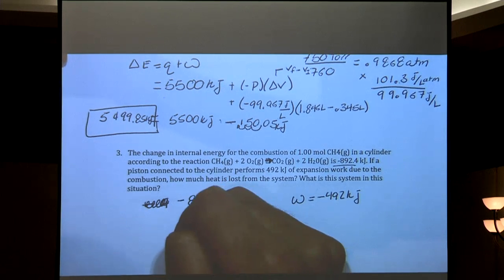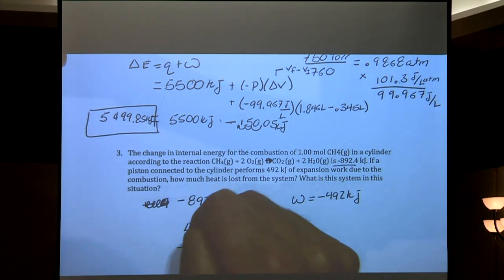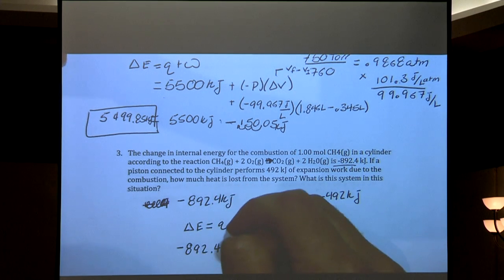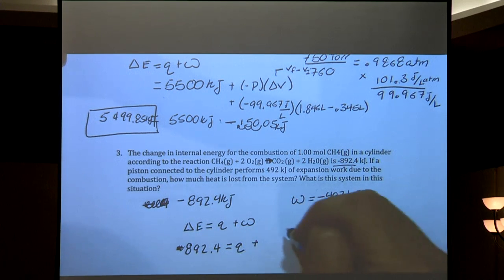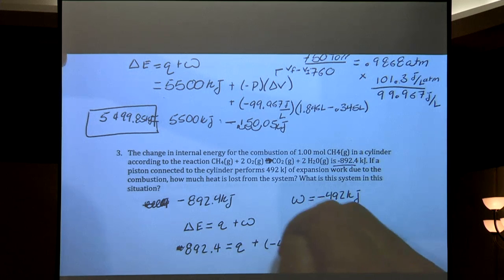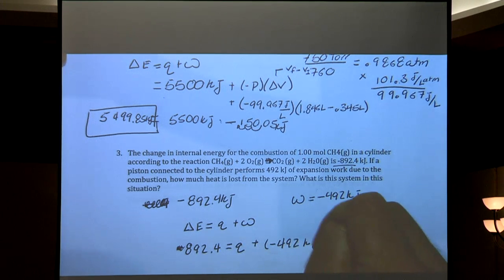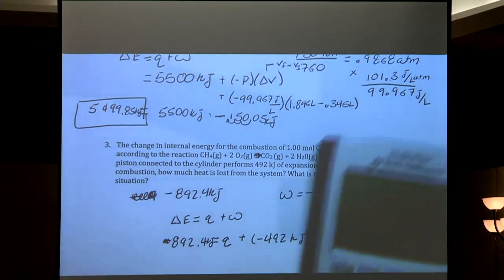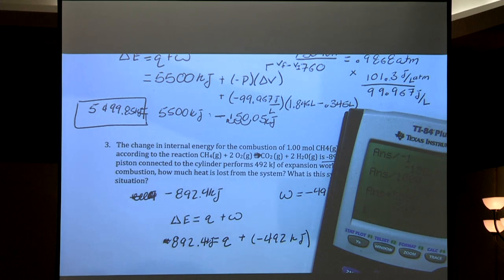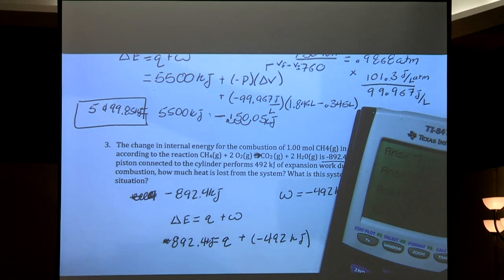So we know that 892.4 it gives off, so it's Q plus kilojoules, okay? So we're trying to find our Q here. So we have 892.4, there should be a negative, yeah, that's a negative, 492.